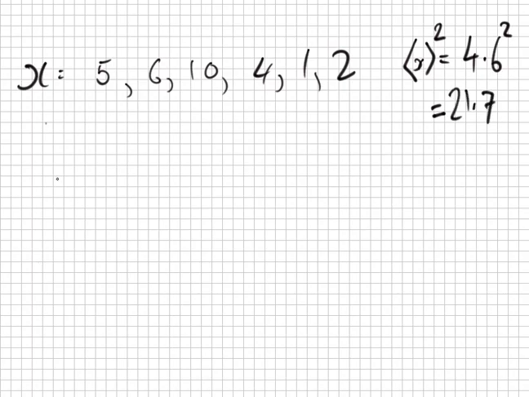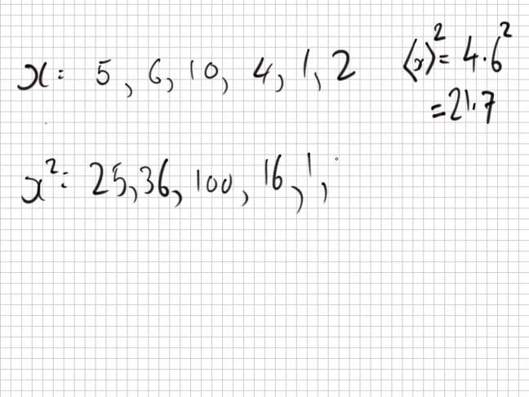Now what you do next is you square them: 25, 36, 100, 16, 1 and 4, and get the average of these. 25 plus 36 plus 100 plus 16 plus 1 plus 4 divided by 6 is 30.3. So the average of the data squared is 30.3.